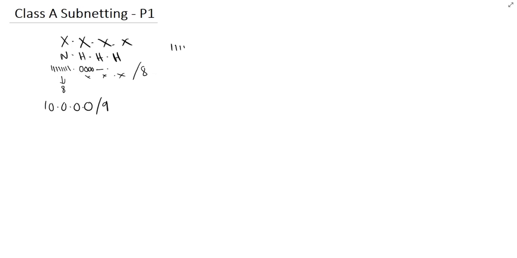So 1, 2, 3, 4, 5, 6, 7, 8, and then 8 zeros. Then another 8 zeros, and then another 8 zeros. So here's 8, but this time we have /9. You would have 8 here and then a 0, a 0, a 0, and that would give you /8.